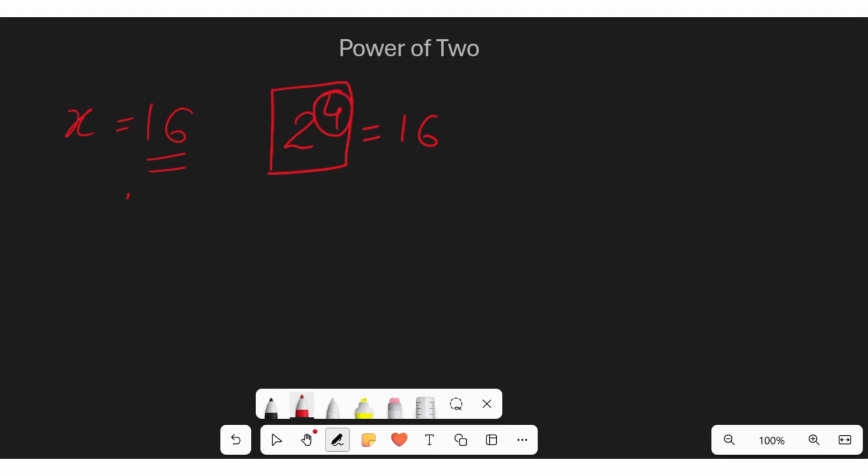So the output for this will be true. But now assume we have another number x equal to 17. Now we cannot represent this 17 as a power of 2. So 17 is not a power of 2, and we will return false here.